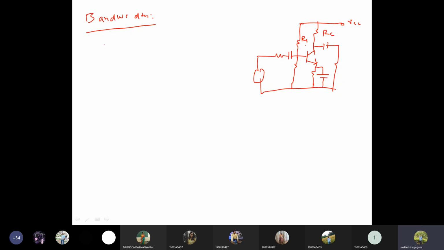This is RC, R1, R2, RC, CE, RL, CC2, CC1, RS. Okay. So this is the single stage CE amplifier.